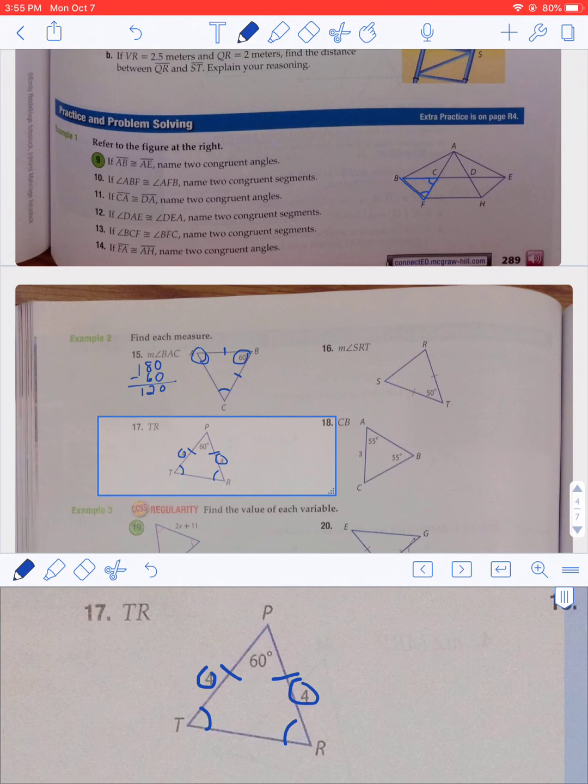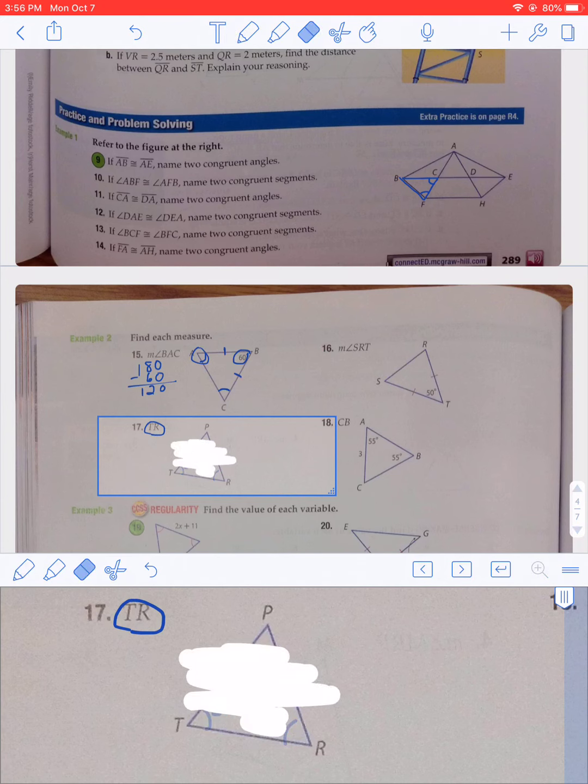We know that since this is 60, what's left is 120, and they have to be equal, so they all got to be 60. And so from that, we know this is an equilateral triangle, so you should be able to figure out what length the TR is, because they told us what these were, okay? So you know it's an equilateral triangle, so go from there.